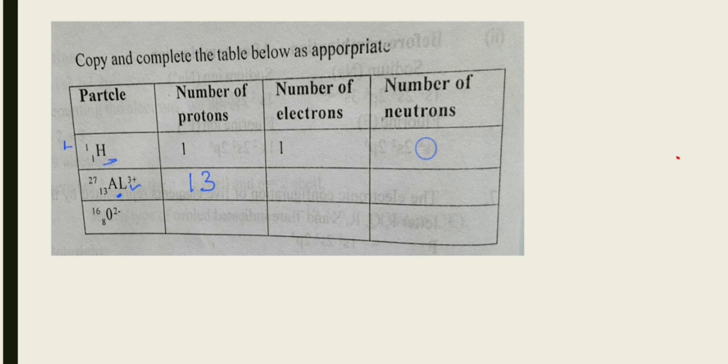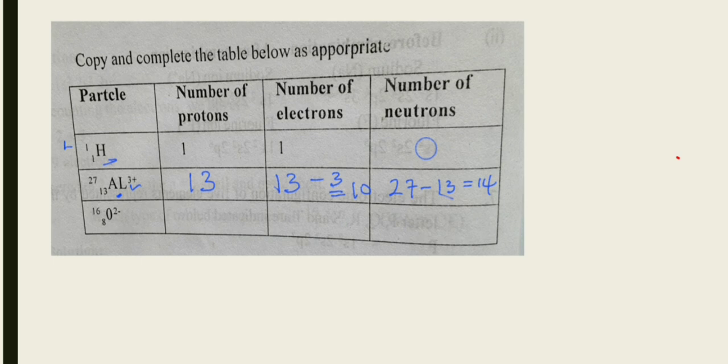The number of electrons will now be 13 minus 3, which will give us what? Equals 10. Then the number of neutrons will be 27 minus 13 equals 14. That is mass number minus atomic number.